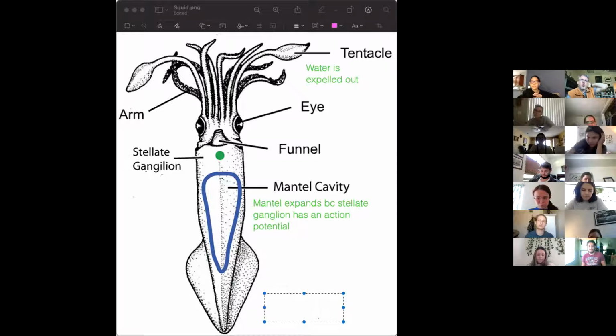Okay, so you're at the stellate ganglion, and can you draw in here? Is this Taylor? Are you doing it? Yeah, I'm editing it. Taylor, can you draw lines? Yes. Let me get the draw. All right. Okay, so then tell me what's going on here.